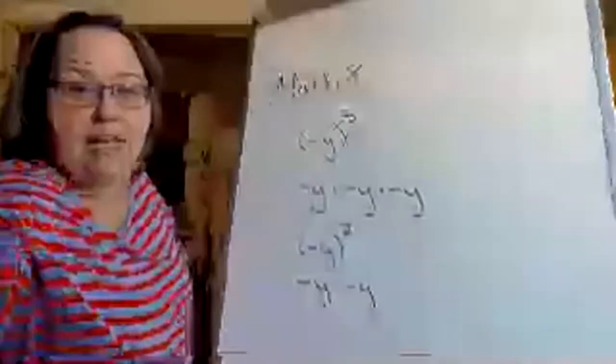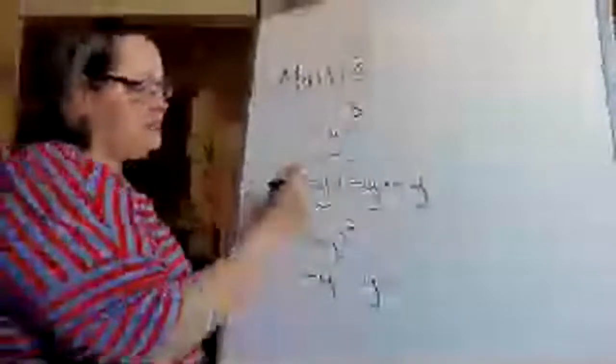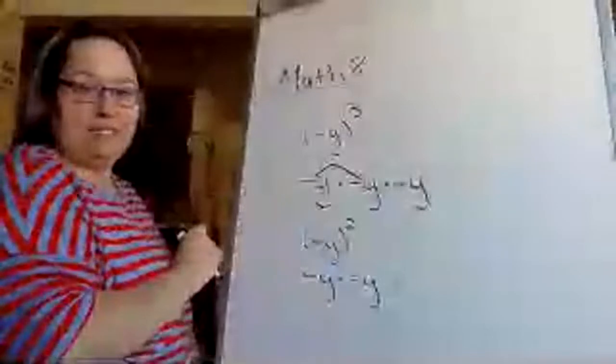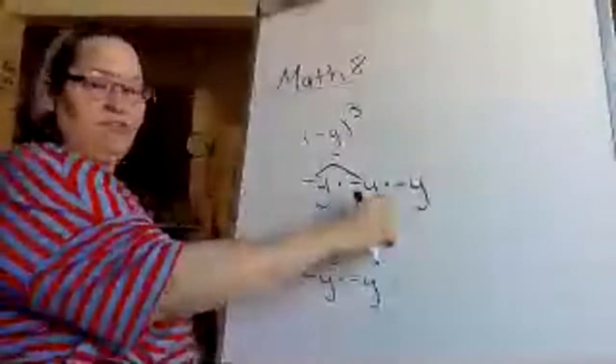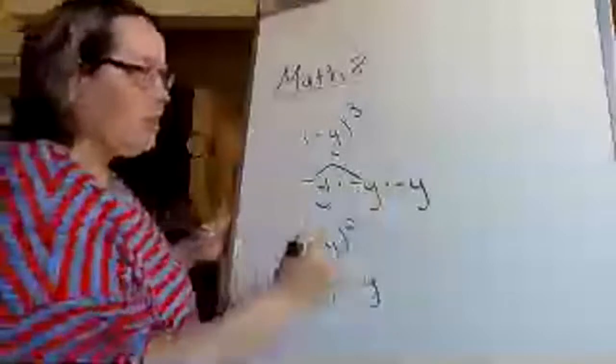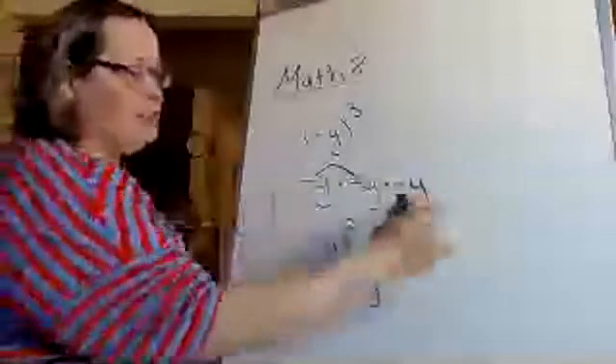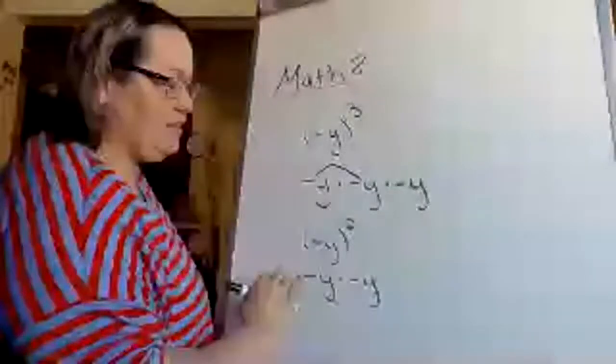And if you notice, when I multiply these two together, negative times a negative is a positive. This over here, we end up with a negative.